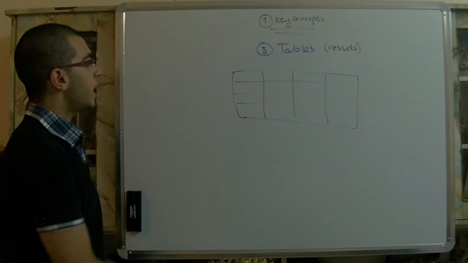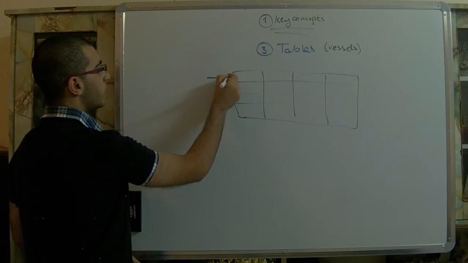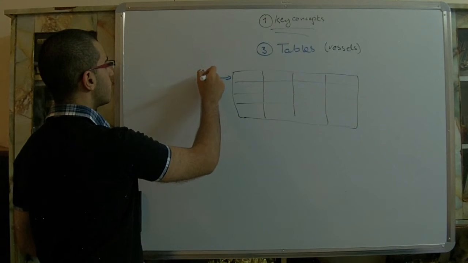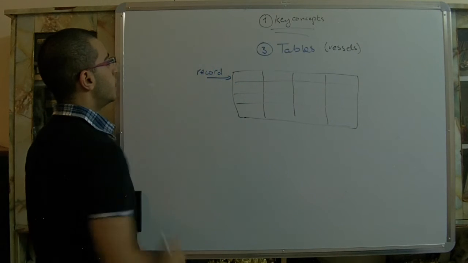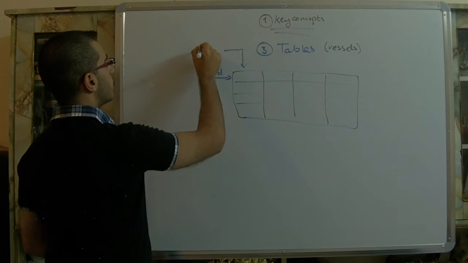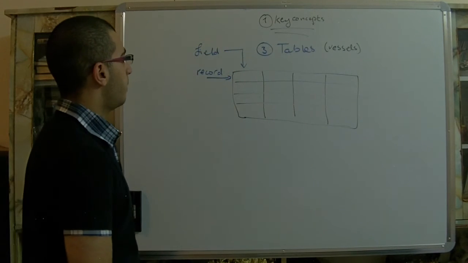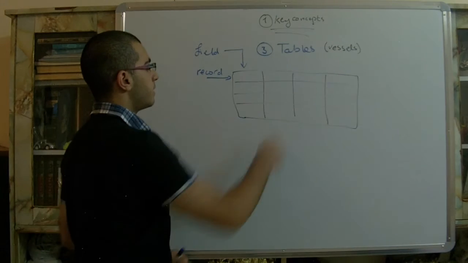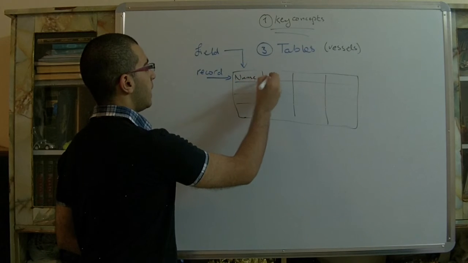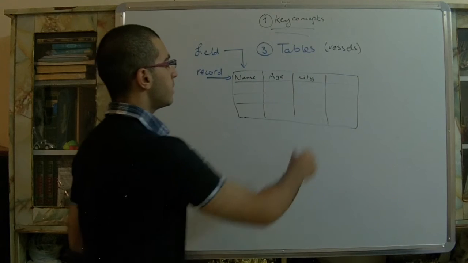But in the database concept, the names are different: the row is named a record, and the column is named a field. For example, this is the head of the table, and we have here name, age, city, salary.